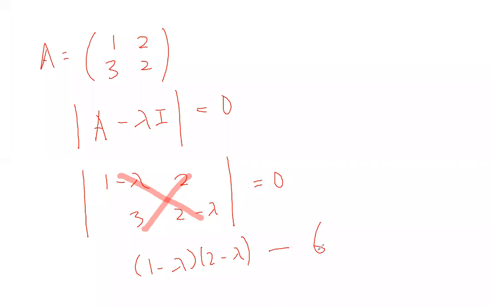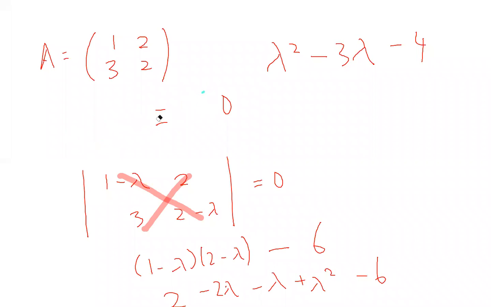Then I expand the brackets: 1 times 2 gives 2, minus 2 lambda, 1 times negative lambda plus lambda squared, minus 6. Then I can summarize that. Therefore, I got lambda squared minus 3 lambda minus 4. This is my characteristic equation. Okay, I'm going to erase the rest.